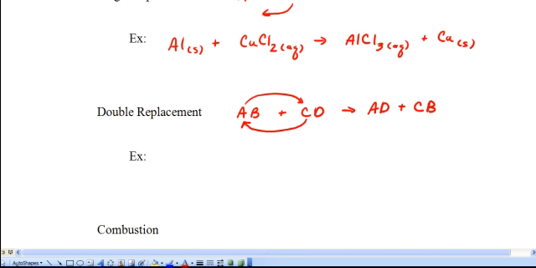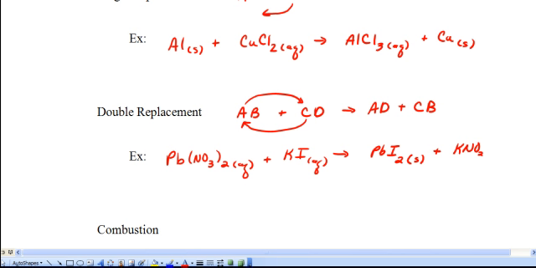A great example of this one, I love this reaction, is taking lead nitrate in solution, that's aq, plus, say, potassium iodide, that would also be in solution, aq, and that's going to produce a wonderful yellow lead 2 iodide, solid, plus potassium nitrate, still in solution, aq.